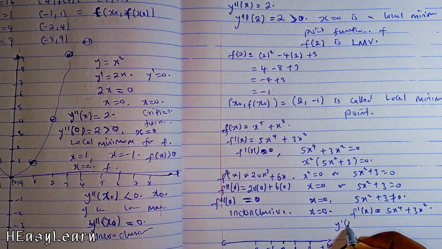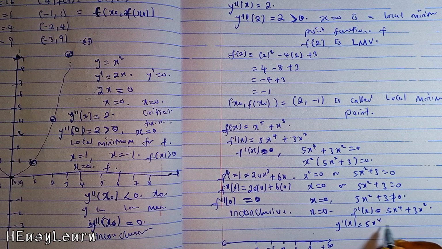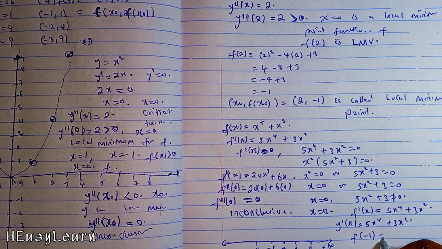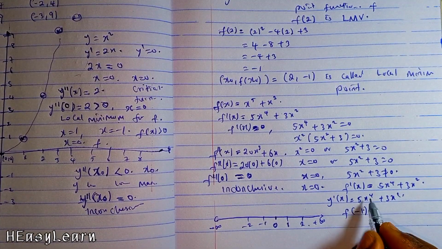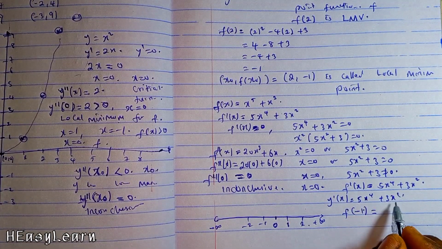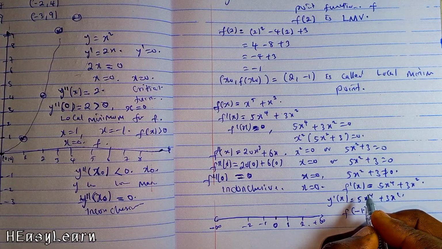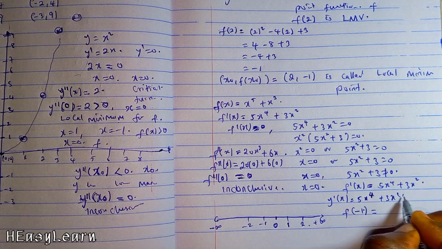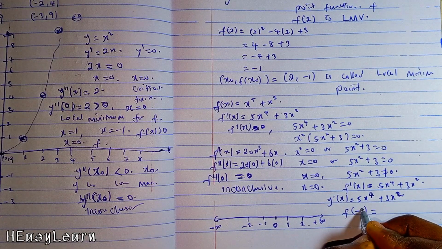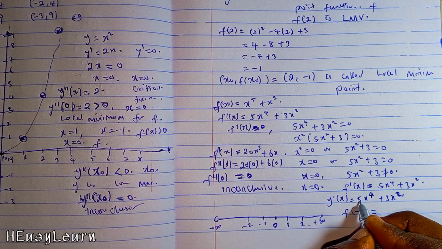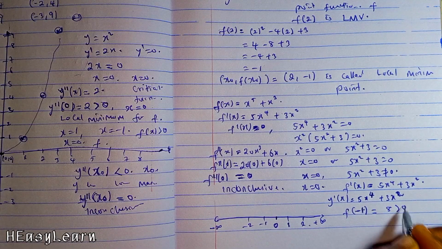What happens to the first derivative of the function? In this case, f prime of minus 1: plug in minus 1 here. Since the powers are even numbers, minus 1 becomes 1. 5 plus 3 is 8, bigger than 0.